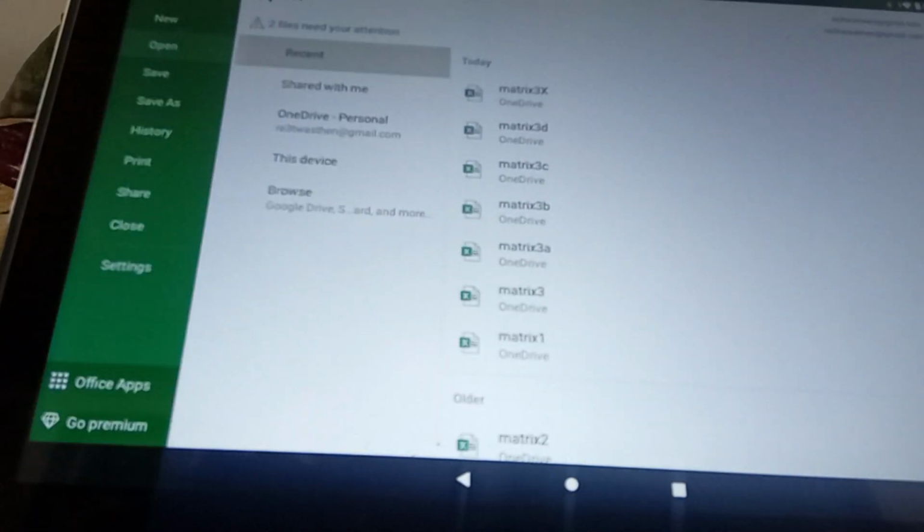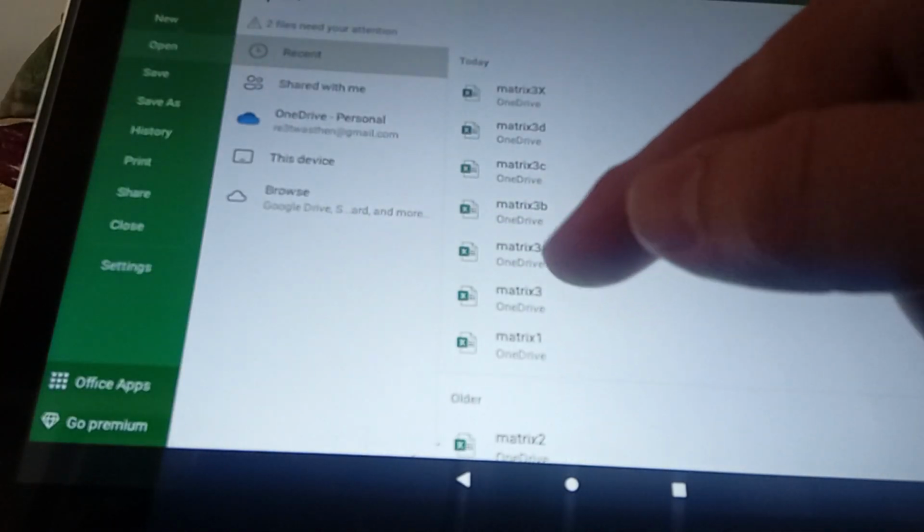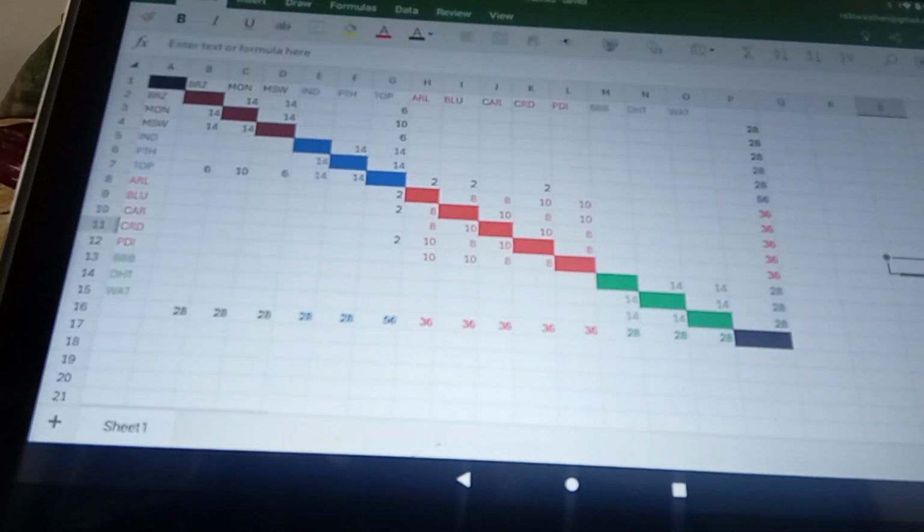Now, let's go to step 2. Now, because of where they are geographically, I wanted to get Topeka done first. As much as possible, I wanted teams to play an equal amount of games home and away.